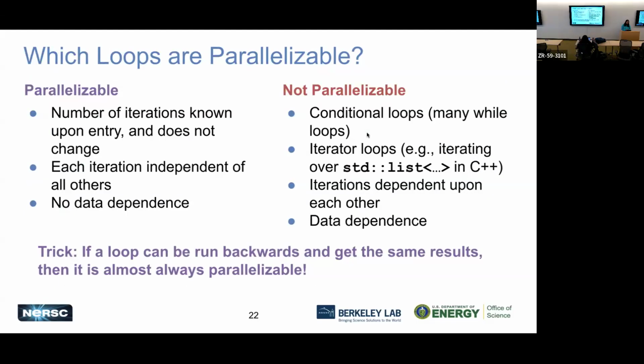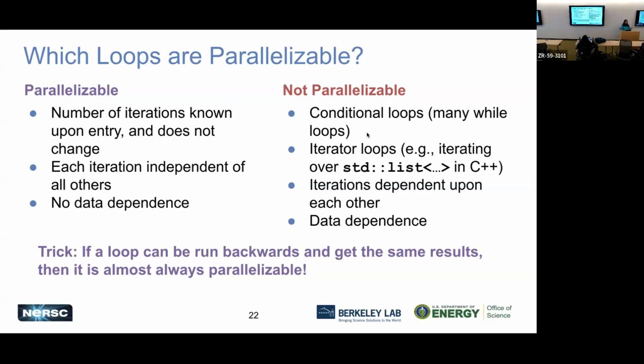So if I have a loop, how do I know if my loop is parallelizable? First of all, you need to know the number of iterations, and it can't change. If it's changing, for example with a linked list, you don't know how long it's going to be.